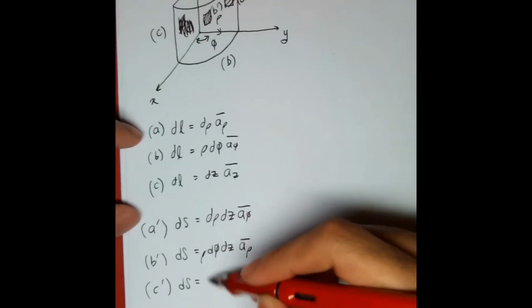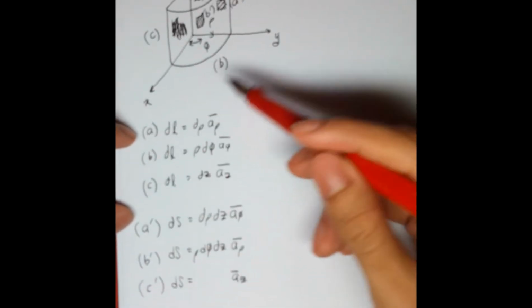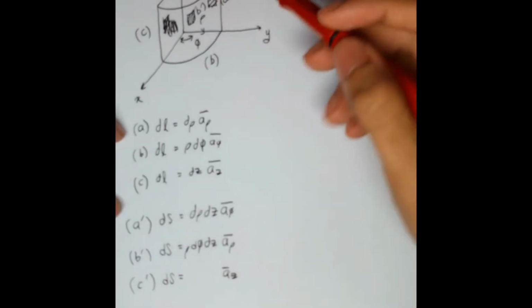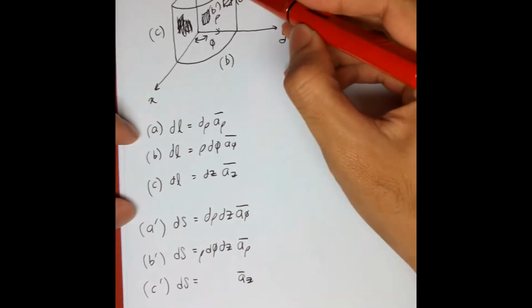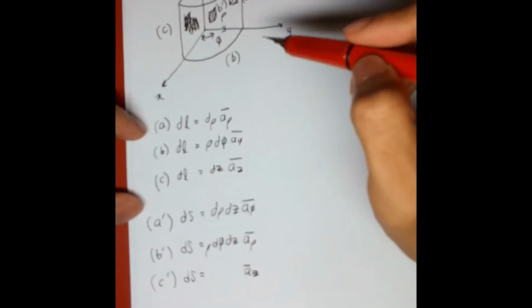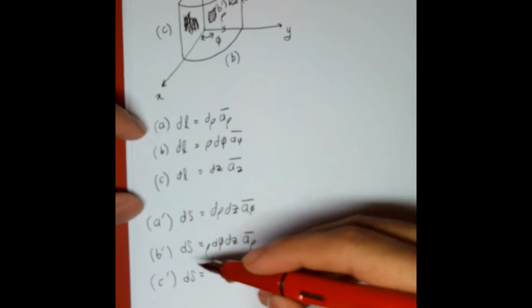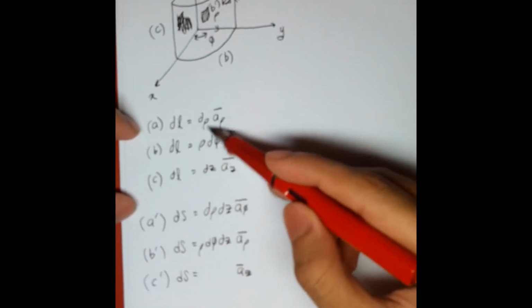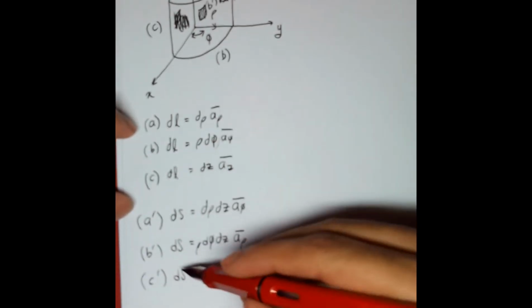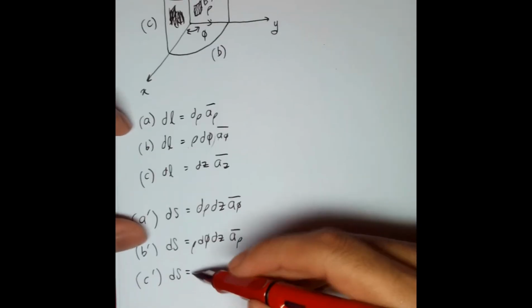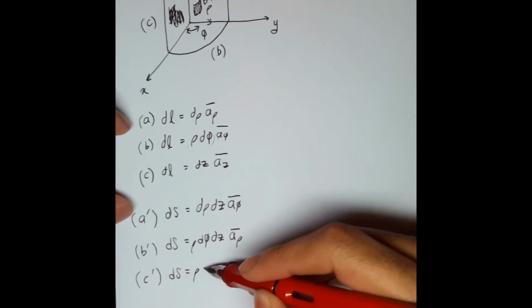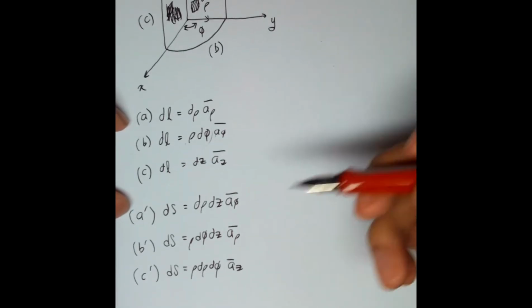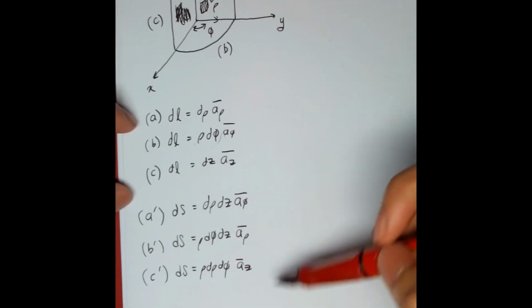Then the magnitude is a combination of rho and phi. From the differential length, we take the magnitude rho and the magnitude of phi, so we write it back as rho d phi d rho. Now that is the differential surface.